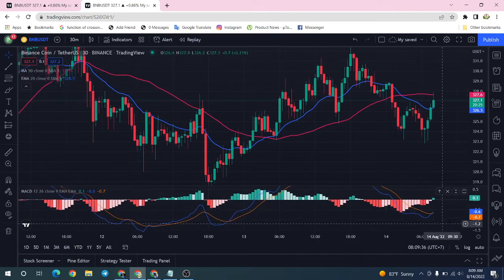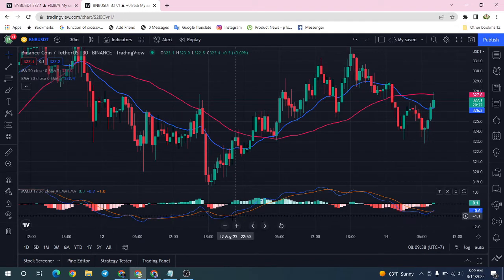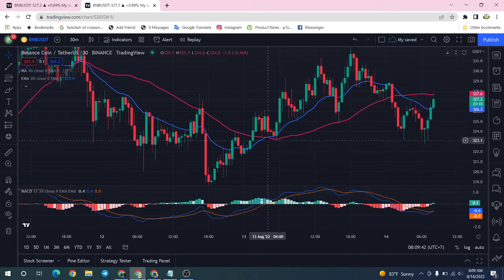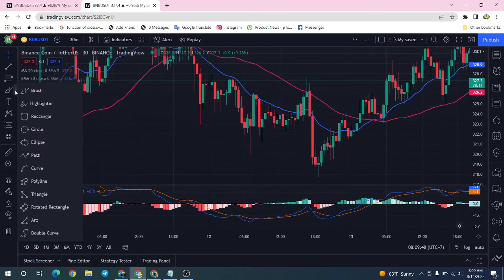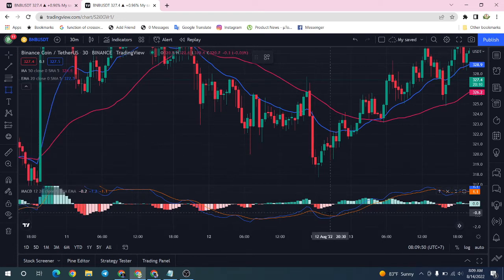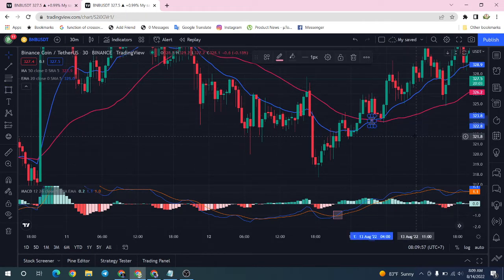That's how you can use MACD. Orange under blue, see, it's a pump up, and this confirms later. This is confirmed first, and then this confirms second.